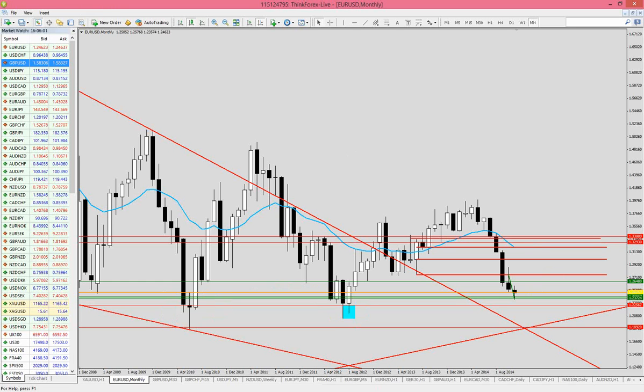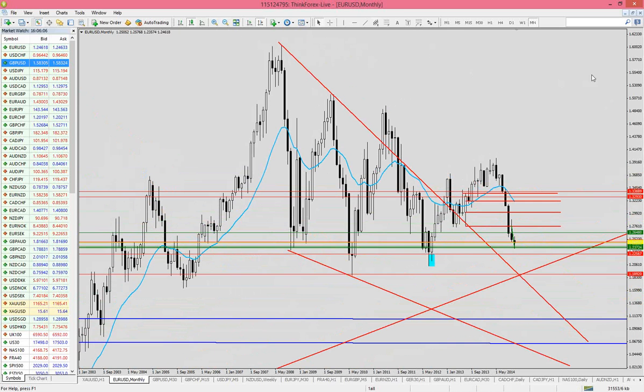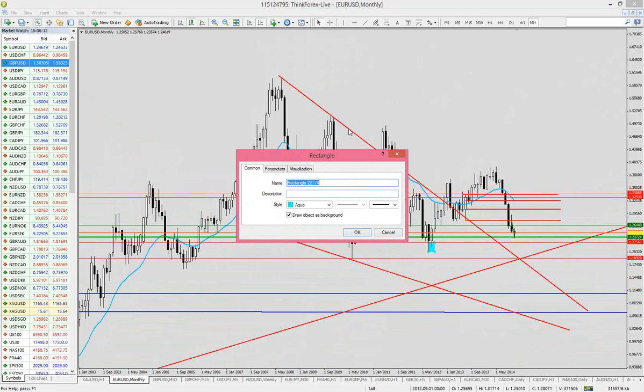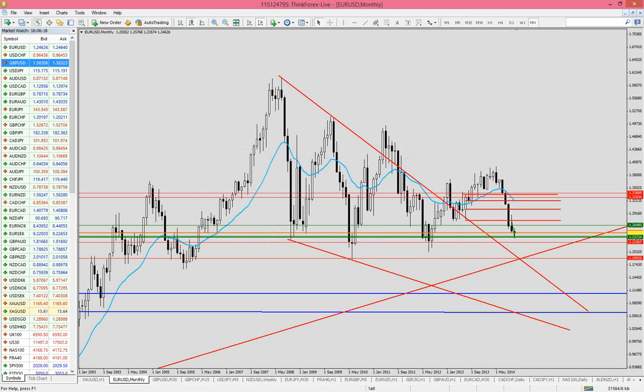But what I'm trying to show you here on the monthly chart, we still got the chance to go lower towards 120 and a little bit lower. And based on what kind of information, I think we got the chance.